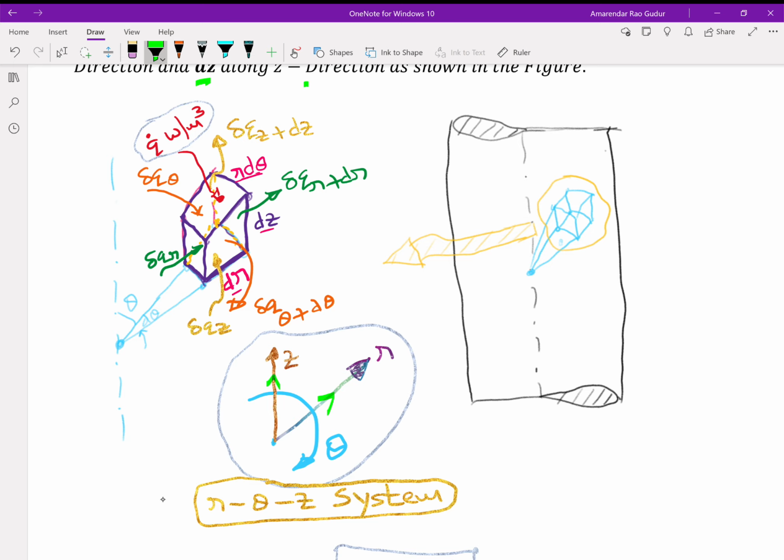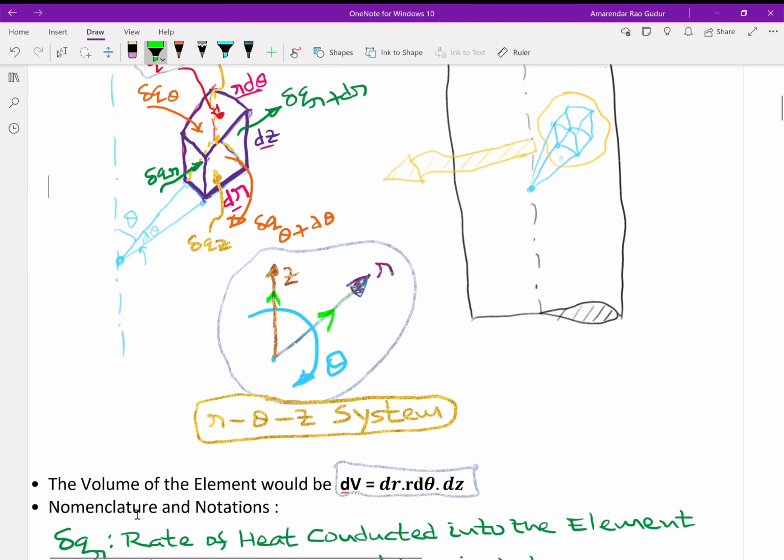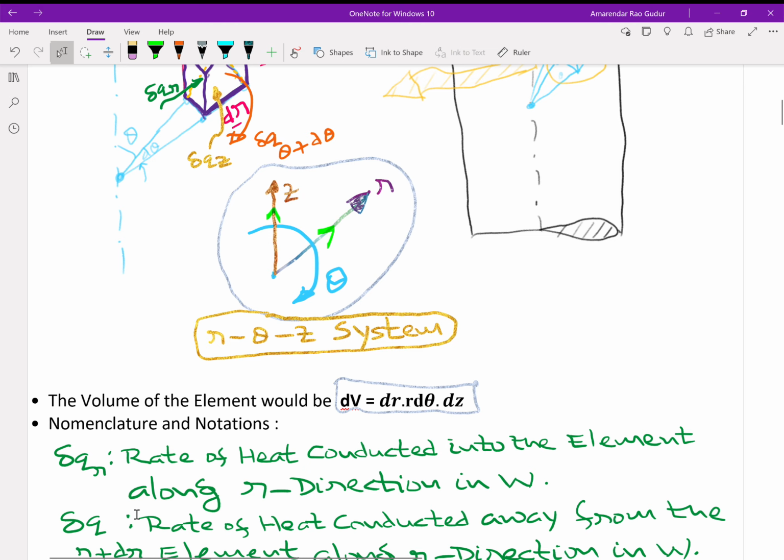To make the situation more general, we assume that there is some internal heat generation at a uniform rate of q dot watts per meter cube. This heat could generate because of some source inside the element. And if you calculate the total volume of the element, it's going to be the product of all the three dimensions, dr, r d theta, dz.